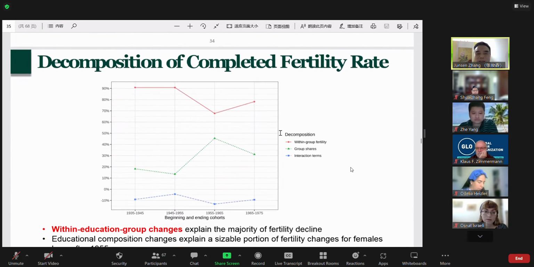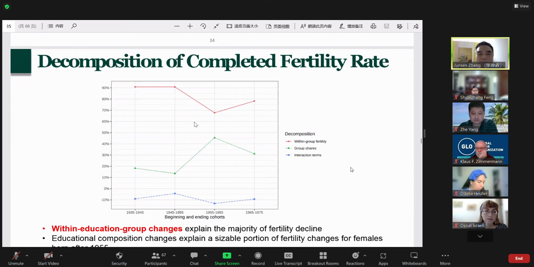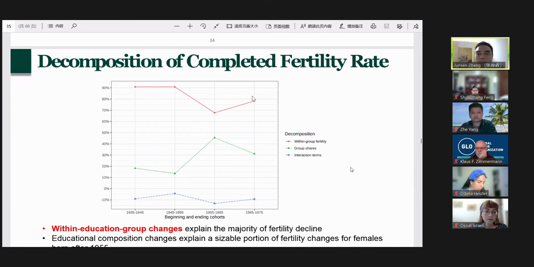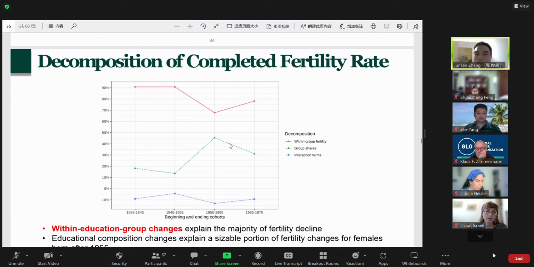If we look at the decomposition of completed fertility, we find the decline in total fertility is largely within-group change. The between-group structure, the percentage of education group shares, contributes less.